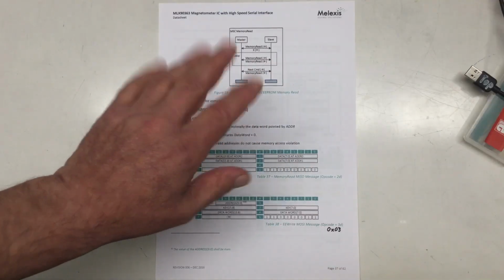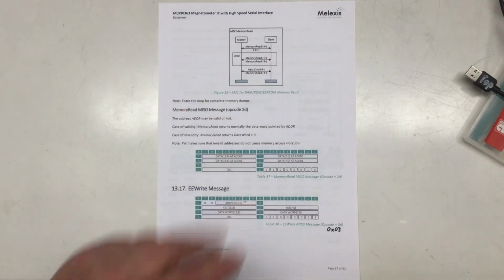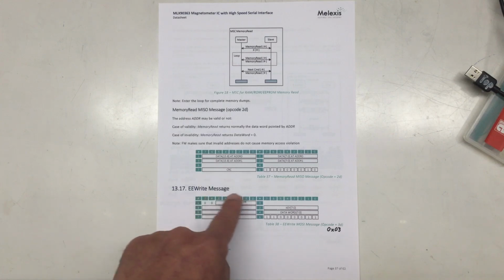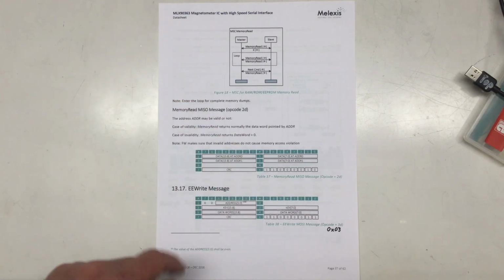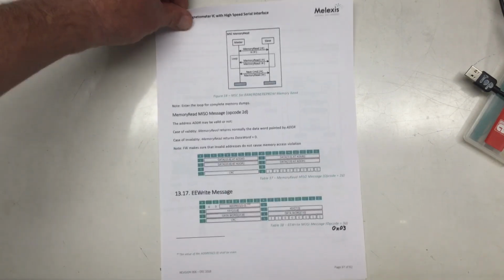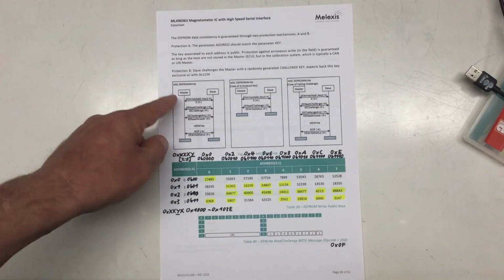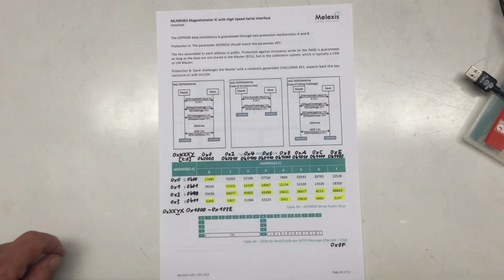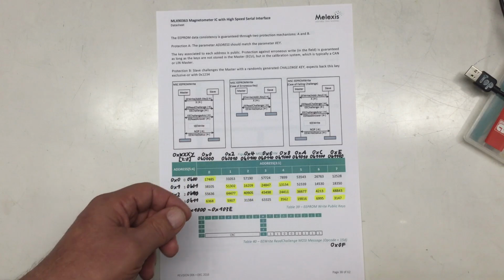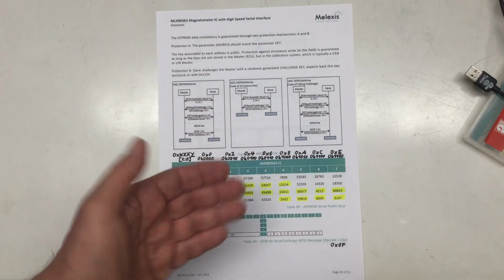The whole process is covered by the datasheet in just a little over 2 pages in chapter 13.17, EEWrite message. That chapter contains descriptions for all the messages, the sequence in which the messages are exchanged between the master and the slave, a table providing you with keys that allow you to write these addresses.